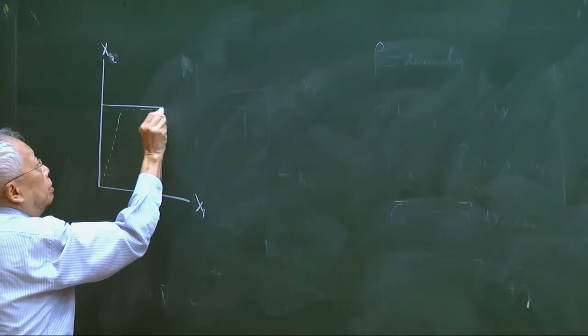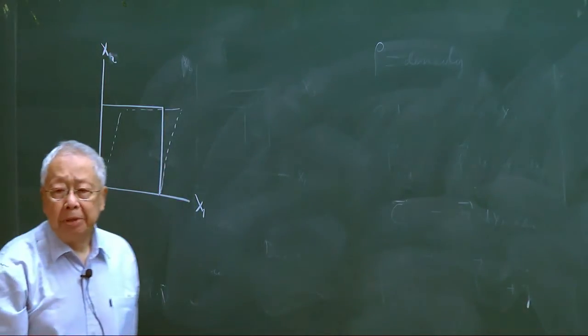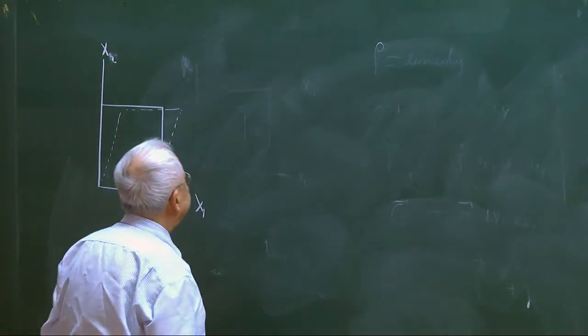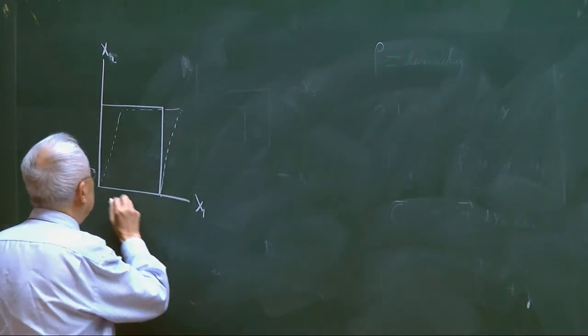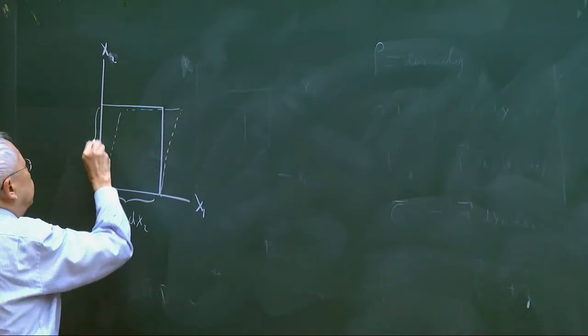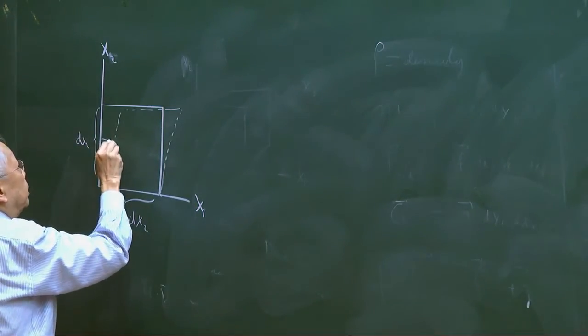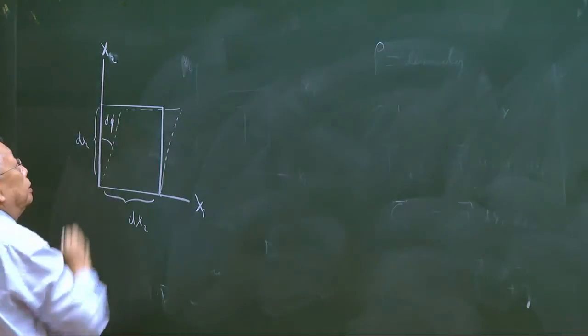deformed into this shape in the next instant in time delta t. This is dx1, this is dx2, and let's call this angle d phi.